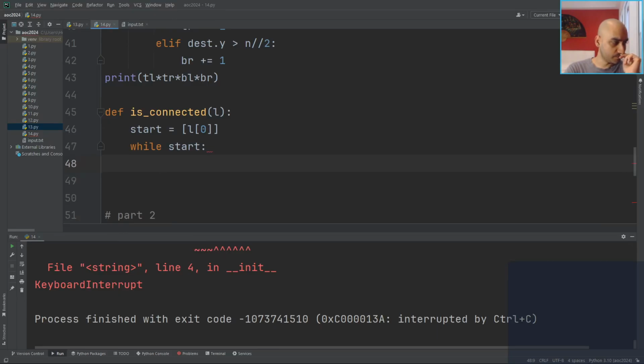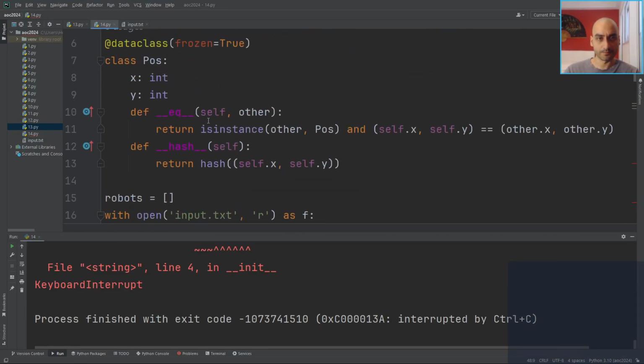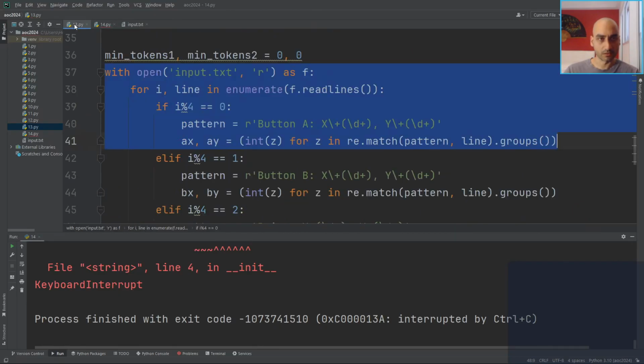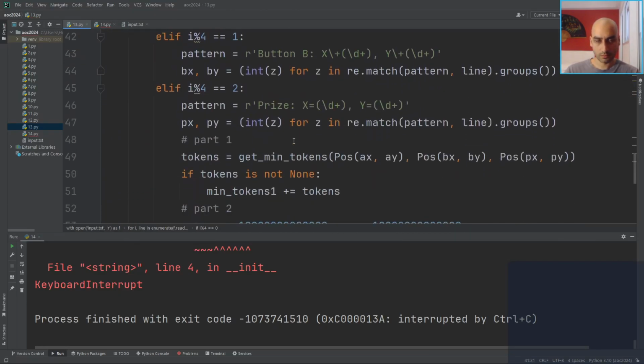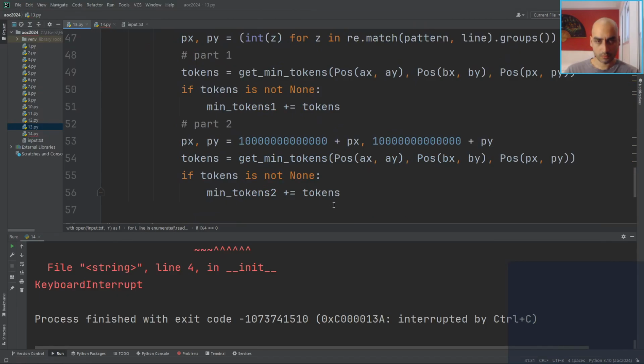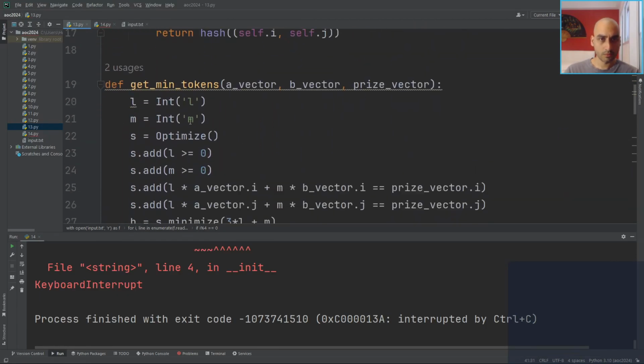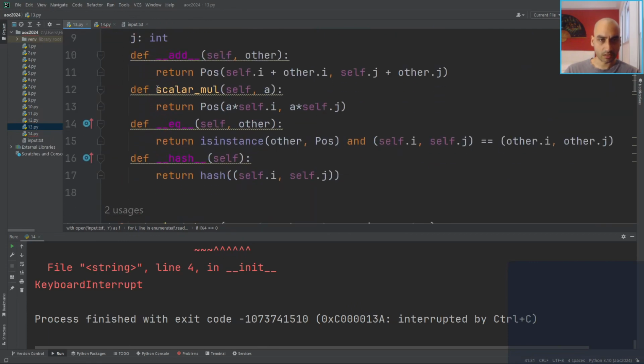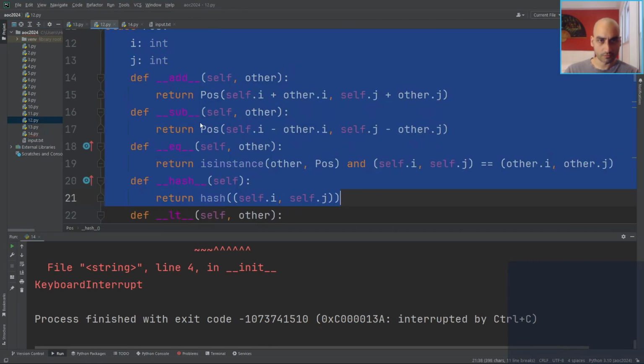So we want, what am I trying to do here? Oh, all right, I see. We just need a neighbors method here. Where did I last use that?